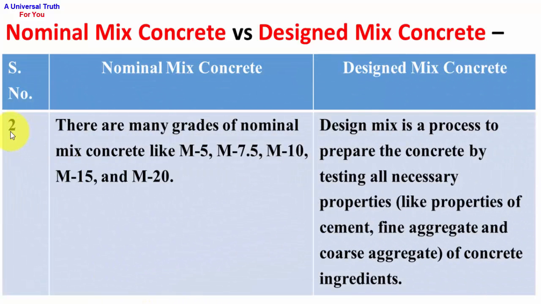Number 2, there are many grades of nominal mix concrete like M5, M7.5, M10, M15 and M20. Design mix is a process to prepare the concrete by testing all necessary properties like properties of cement, fine aggregate and coarse aggregate of concrete ingredients.